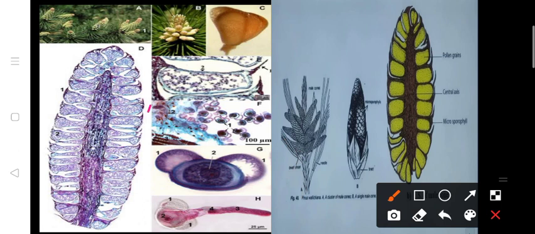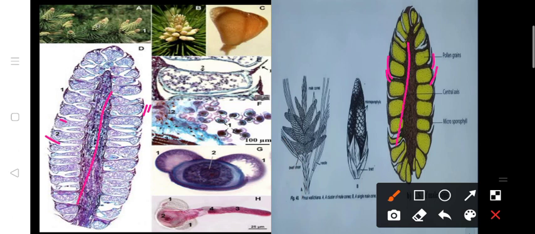These are the microsporophylls. This is the cone axis.